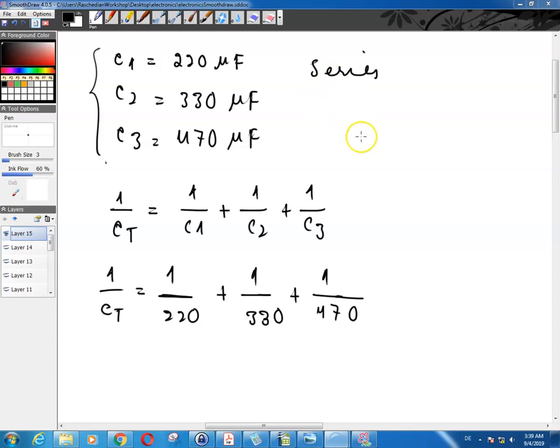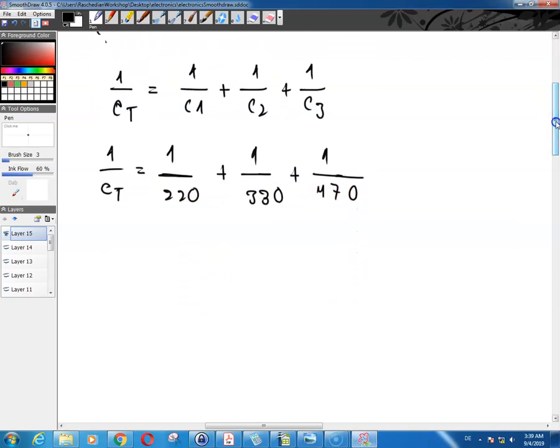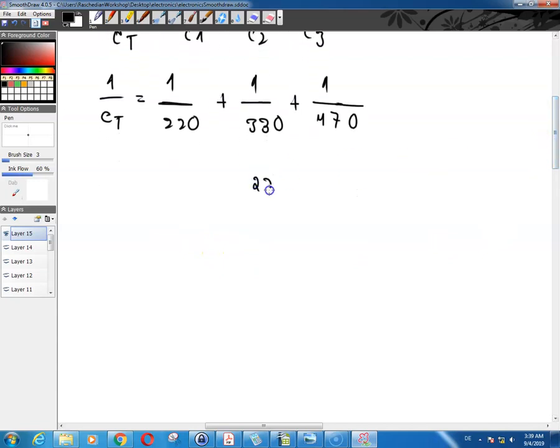In order to take the LCM, or the least common multiple, of these numbers, you can write 220 as 2 times 110, that is 2 times 55, and 55 is 5 times 11. So you can say that 220 is the same thing as 2 squared times 5 times 11.